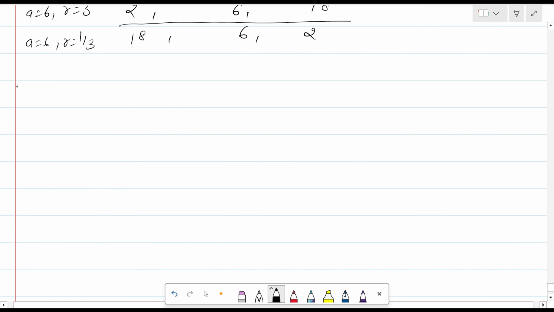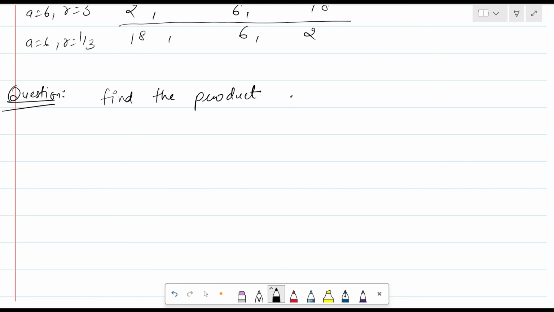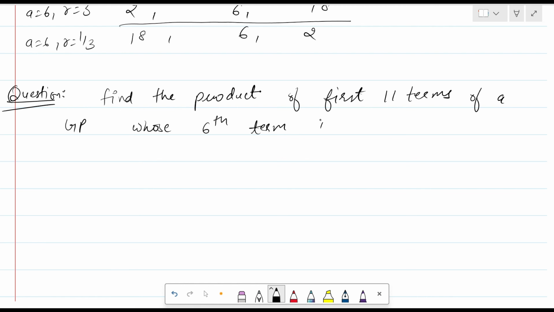Now I'm writing another question. Find the product of the first 11 terms of a GP whose sixth term is 5.